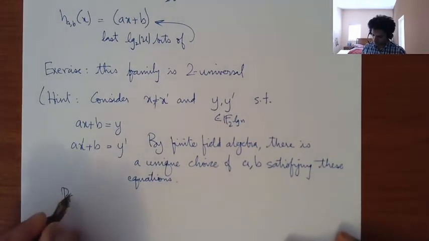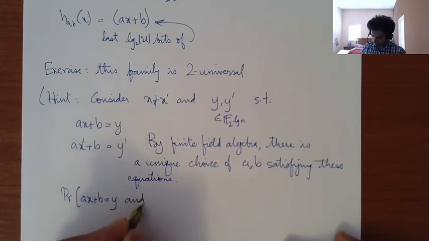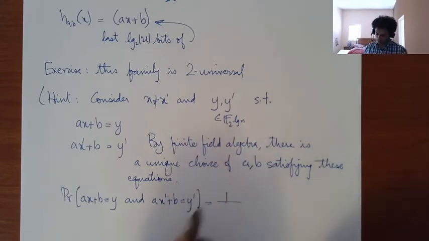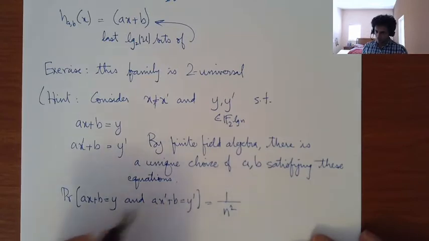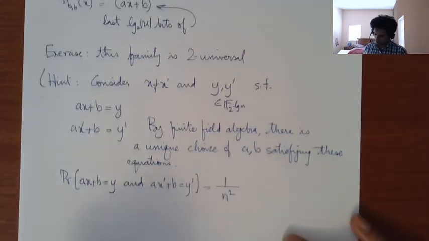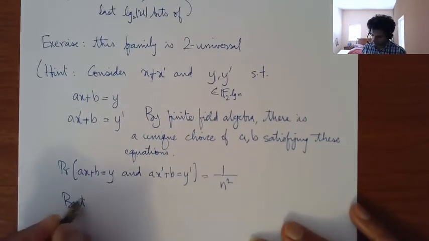So the probability that ax plus b is equal to y and ax prime plus b is equal to y prime is exactly going to be 1 divided by n squared. But we're doing a truncation. So then you have to go over this a little bit more carefully, but there is a truncation.